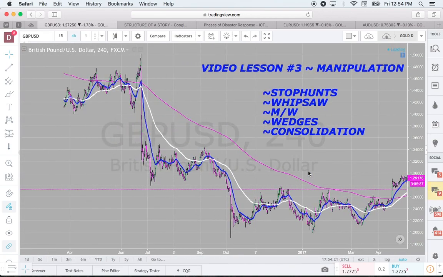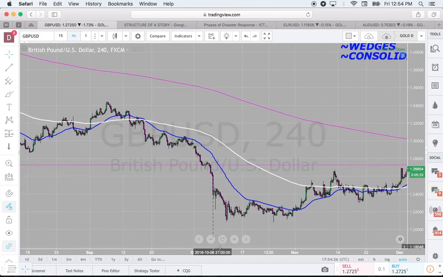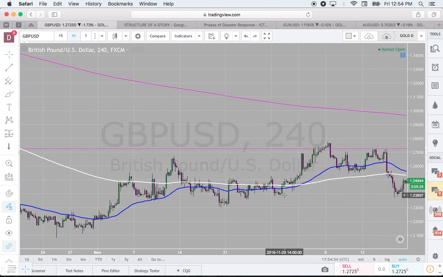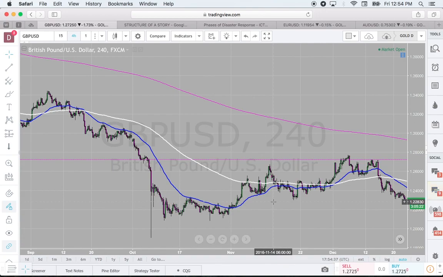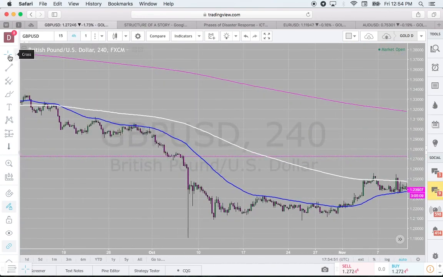So, a stop hunt is basically one big candle or one wick or a set of railroad track candles like this one that spike out of nowhere, or during news, or just random volatility, and hit retail traders' stop losses. This is what they're designed to do.